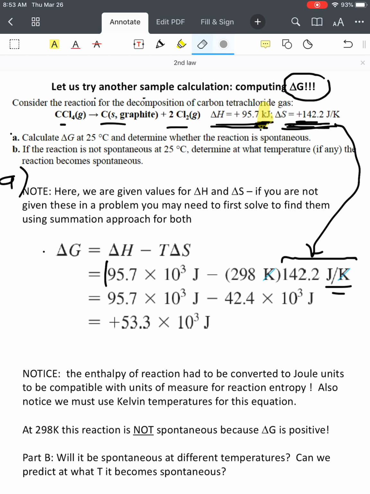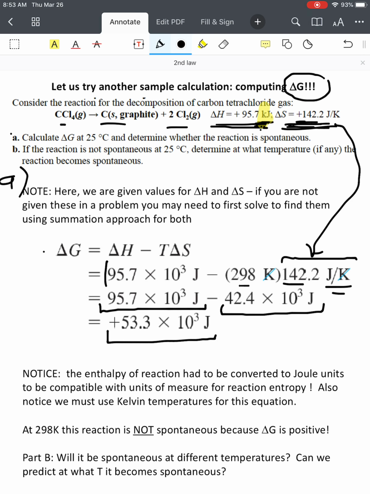It's a very important part of using this equation. But after we do that, we just do the math. We multiply the 298 times the entropy change, the 142.2. We get this number right here, 42.4 times 10 to the third joules. We're going to subtract that from our delta H. They have the same units, so we can do the subtraction.